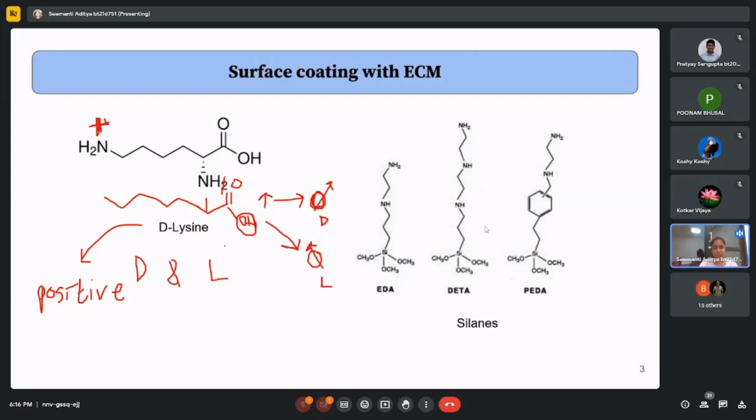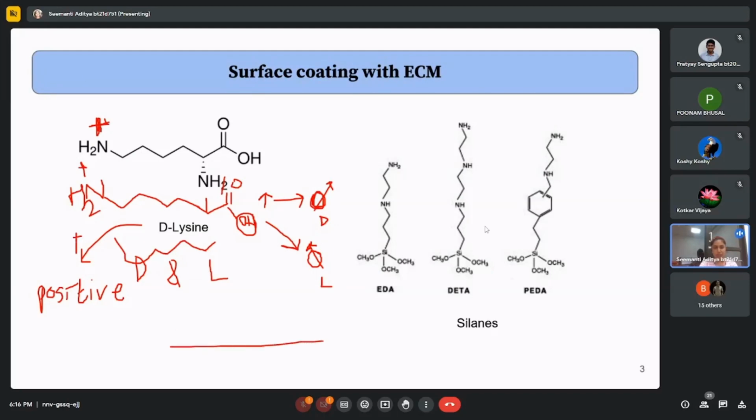As a result, we get poly D lysine, which will have several sequences like this, and the NH2 plus, that is the side group, will remain as a positively charged side group. So the poly D lysine entirely will have positive charge everywhere.